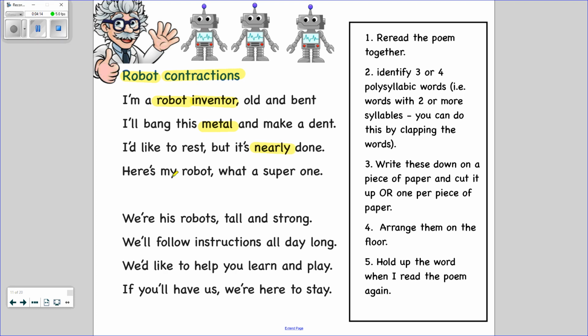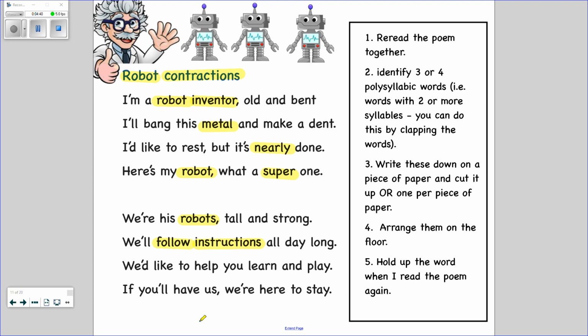Here's my robot, what a super one. And now we're on to the second stanza. We're his robots, tall and strong. We'll follow instructions all day long. We'd like to help you learn and play. And if you'll have us, we're here to stay.